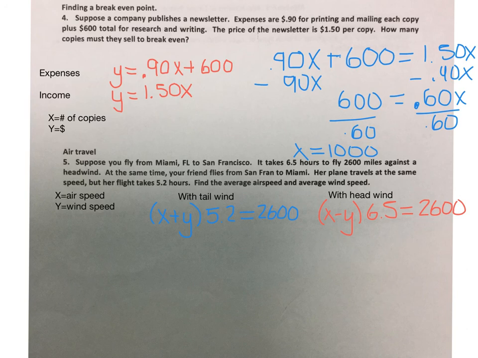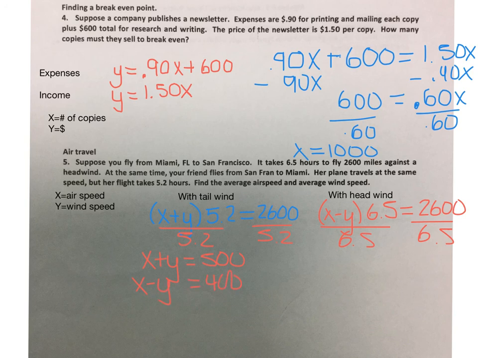So then, if I want to solve this, I'm going to simplify here by, instead of distributing, which you could do, dividing this by 5.2, and dividing this by 6.5. That way I have some easier equations to deal with. So then I end up with x plus y equals 500, and x minus y equals 400.